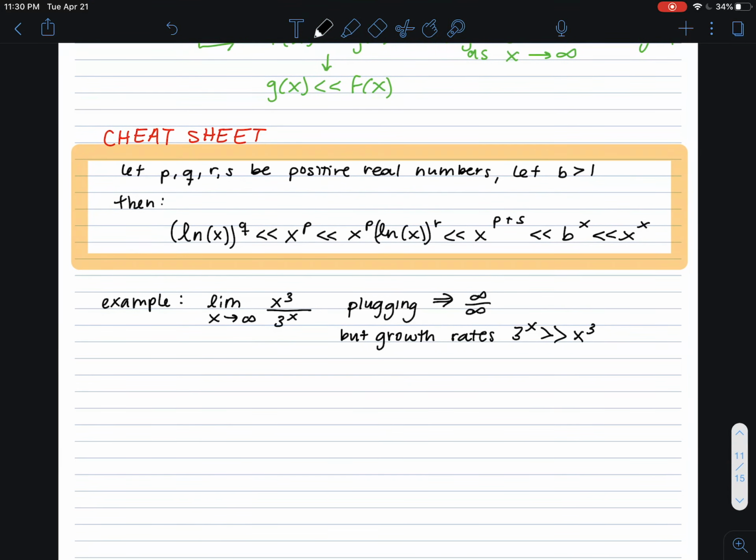So we know our denominator is going to be growing faster than our numerator.